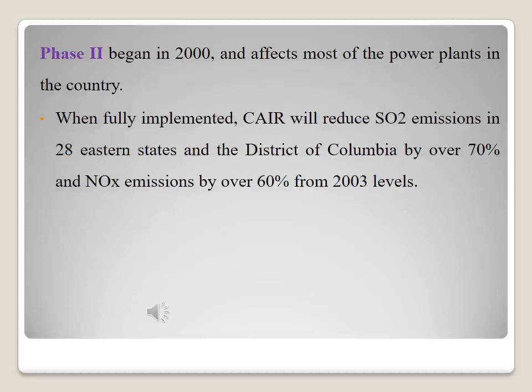Phase 2 began in 2000 and affects most of the power plants in the country. When fully implemented, CAIR will reduce sulfur dioxide emission in 28 eastern states and the District of Columbia by over 70% and oxides of nitrogen emission by over 60% from 2003 levels.